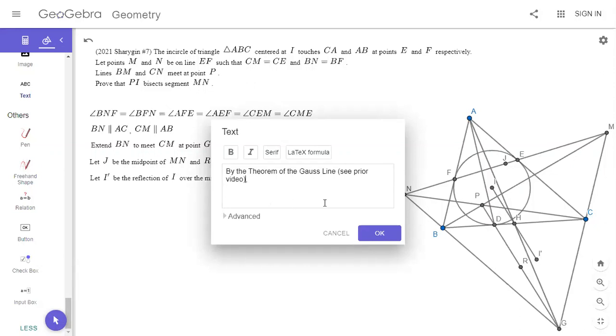I'll say on quadrilateral BGCP, we have R, H, and J are collinear.